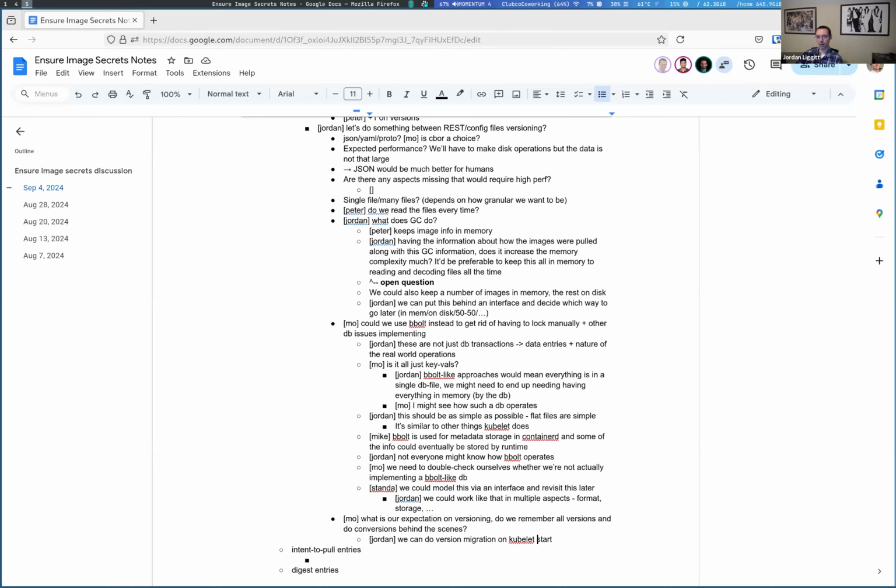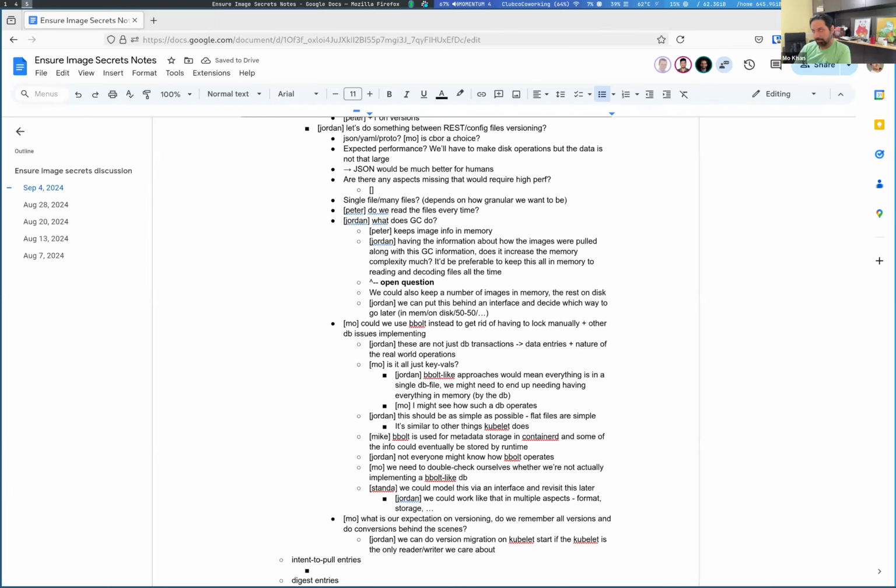We don't have to, right? If it's easier to just say we can read beta 1 or beta 2, then we could do that as well. But if the kubelet's the only reader writer that we care about, and we have a point where we could hook in a migration, which we do, then I don't think we have to retain everything forever.